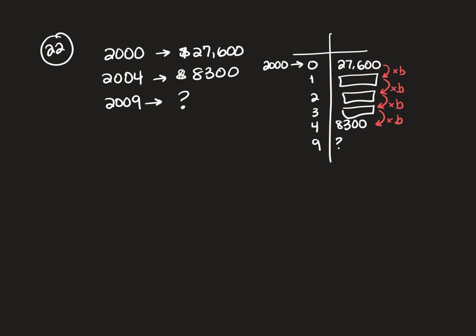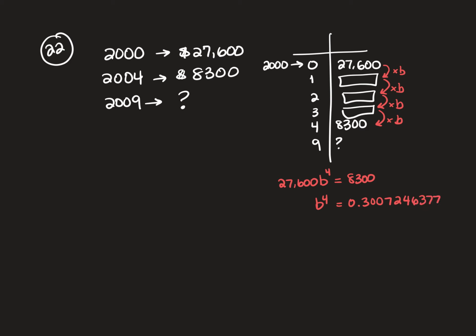So I know that if I start at 27,600 and I multiply by b to the 4th power, I should get 8,300. So what I'll do is I'll take 8,300 and divide by 27,600, and you get b to the 4th equals 0.300724637.